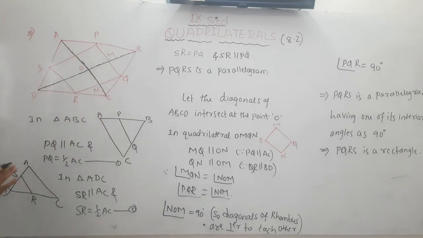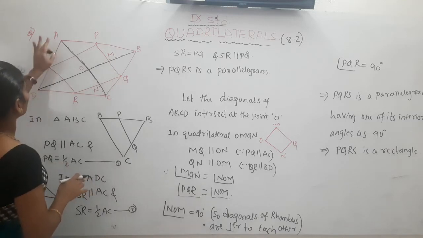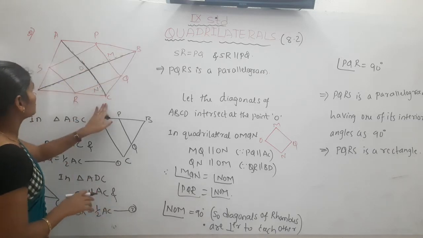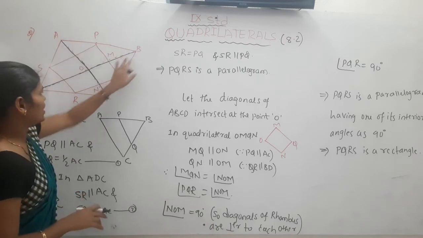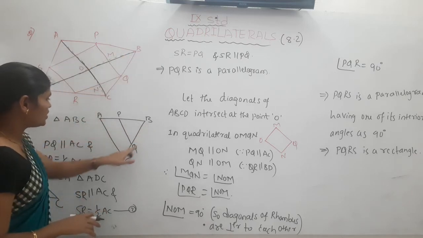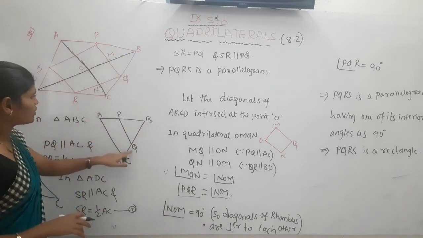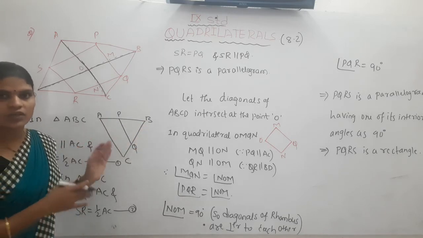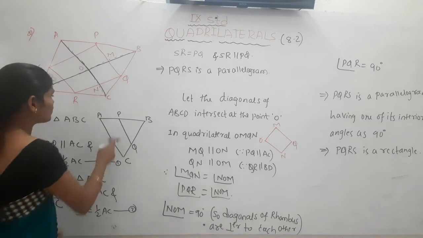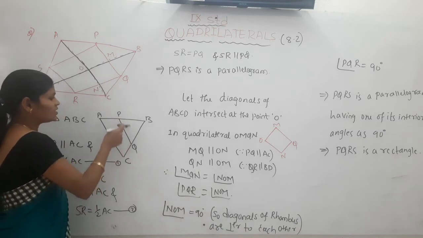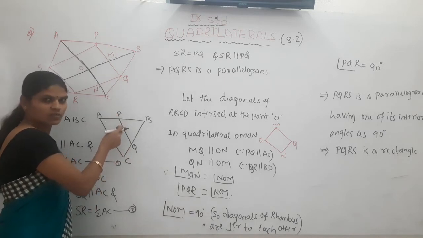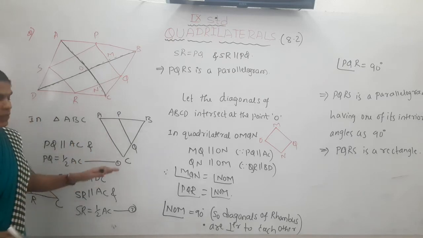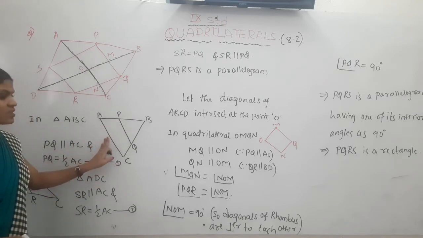Now we will take the triangle ABC. P and Q are the midpoints of AB and BC. If we join the midpoints of two sides of a triangle, the line is parallel to its third side.